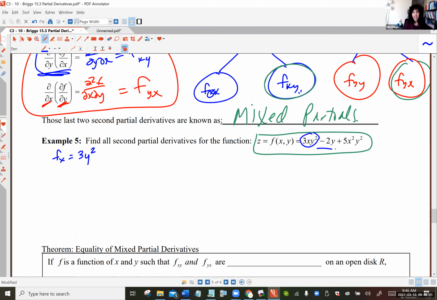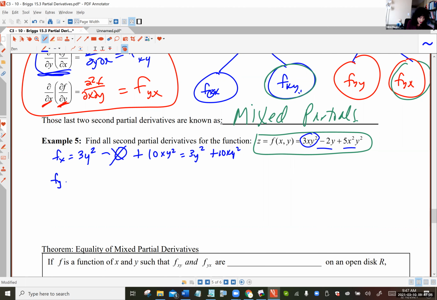The derivative of negative 2y with respect to x is 0 because there are no x factors in that term, so it's treated as a constant. And the derivative of 5x squared y squared with respect to x is 10xy squared. Good. You don't even need to bother writing the 0. It's gone. So there's one of the first partials.